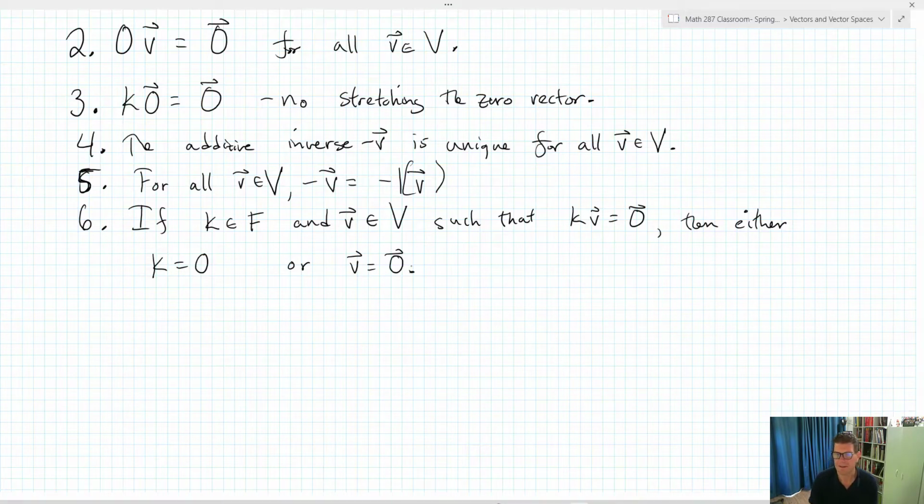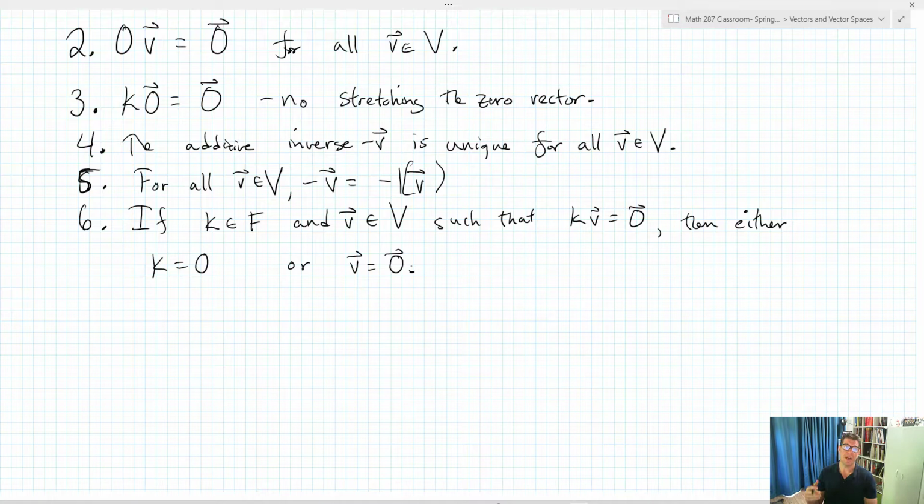It doesn't necessarily have to be both, but it has to be one or the other. So if you multiply a vector times a scalar and you get the zero vector, that tells me that either k is 0 or v is 0.